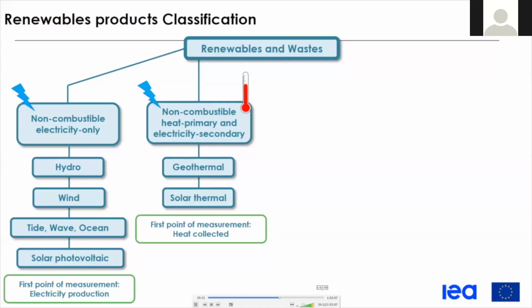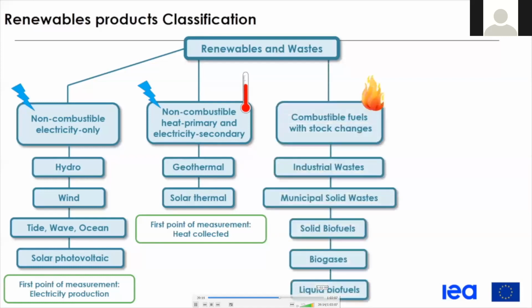The third part will be the combustible fuels, which can be stocked or traded. So those are industrial waste, municipal waste, solid biofuel, biogases, and liquid biofuels. They are treated such as, in the case of fossil fuel, let's say coal, for example, or oil products, with their quantities, their mass, being used as a unit of measurement.